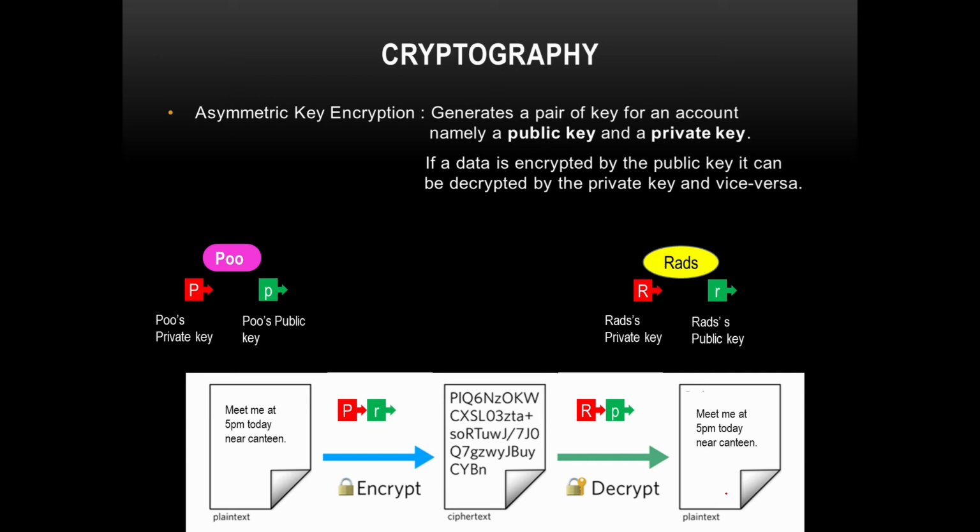And even Pooh cannot at a later stage say that she didn't send it, because her private key was used during encryption. Similarly, only Rads can decrypt the message because it was her public key which was used for encryption. So nobody can decrypt it except her, because it's Rads's private key which is used to decrypt it.